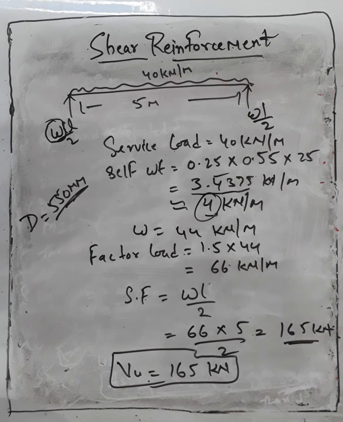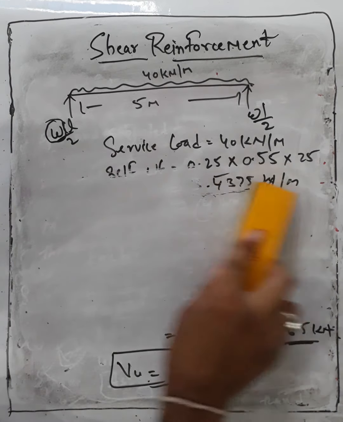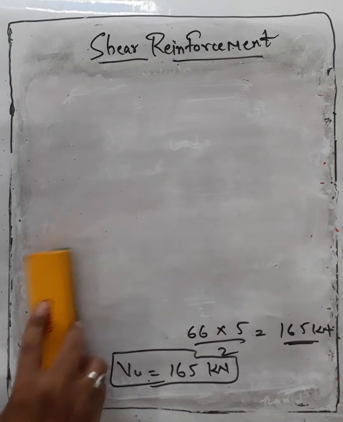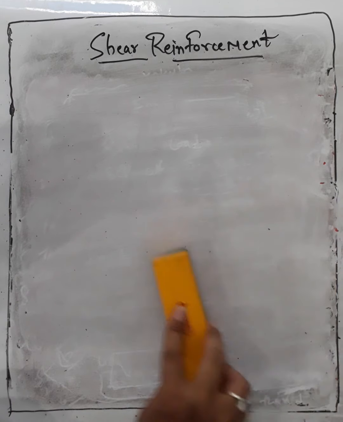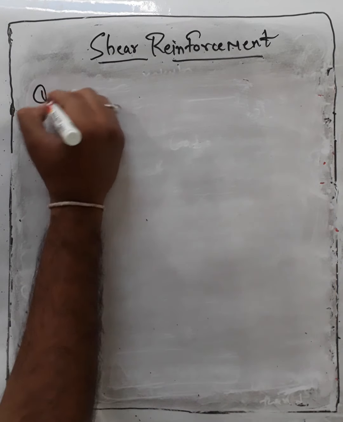Now after finding the factored shear force, we have to start the steps for designing the shear reinforcement. Step number 1 is to find the tau v value.